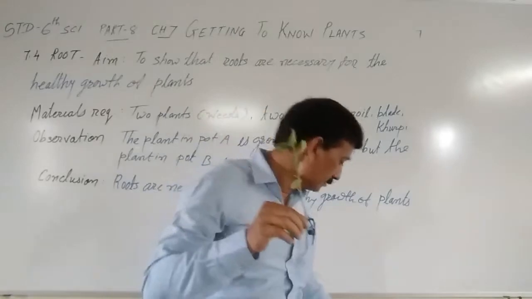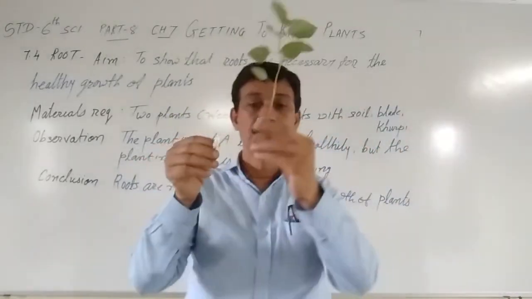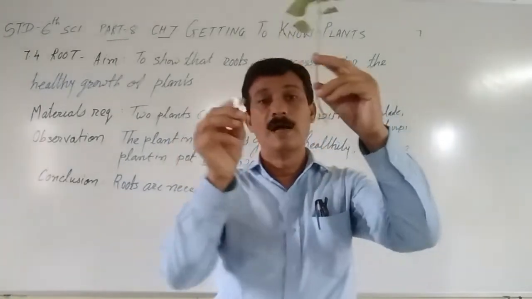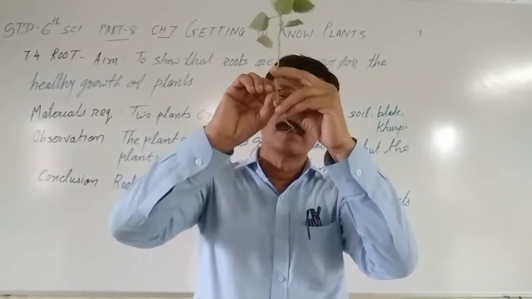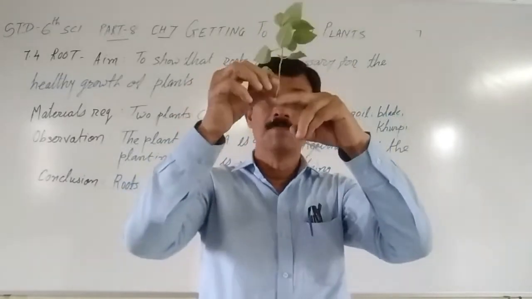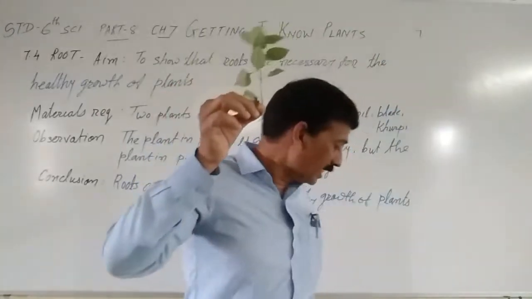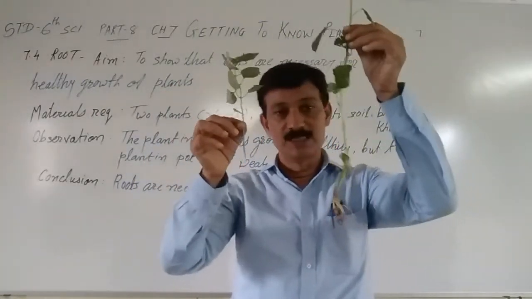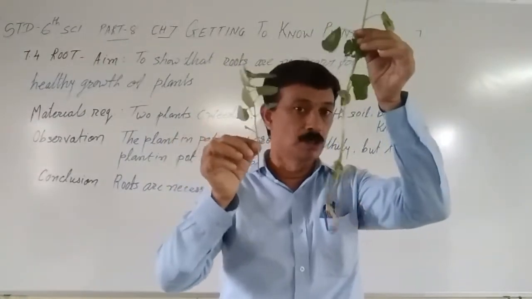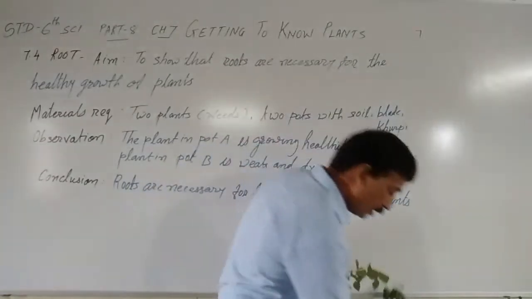See, with the help of this blade I will cut it from here. Okay, so now I have cut it down. Now I will plant both of these plants in different pots. Let one of them be A, the second one B.